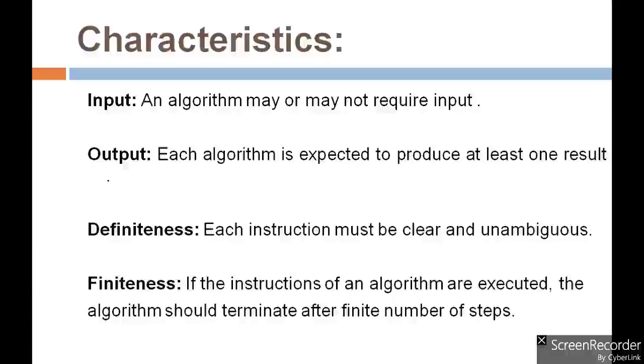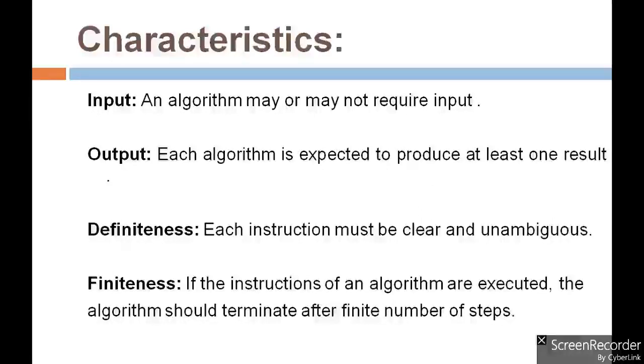The third characteristic is definiteness. It means each instruction must be clear and unambiguous. Unambiguous means it should not contain any confusion, right? So that is known as definiteness. And the last characteristic is finiteness.